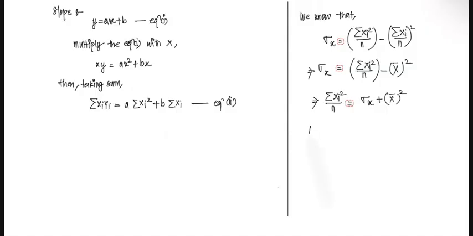Also, we know that covariance of x comma y is nothing but sum of xi yi by n minus x bar y bar.